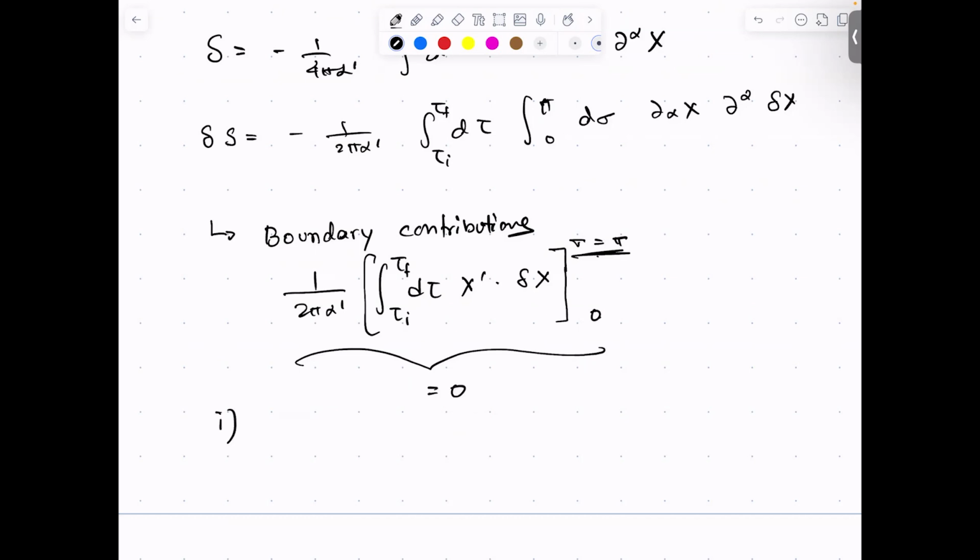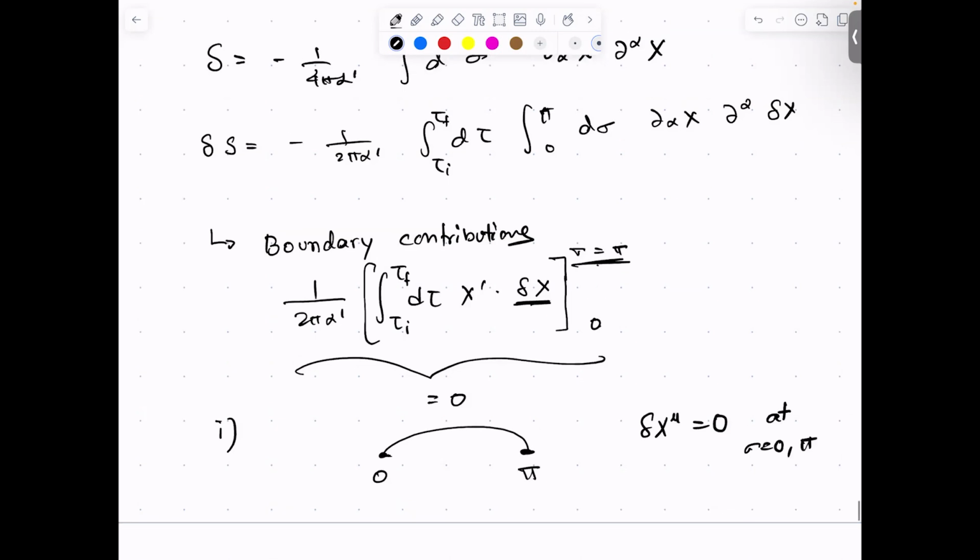There are two ways out. One, the endpoints are fixed. That is, the variation of x at the endpoints, at sigma equal to 0 and pi, is fixed, so it does not move. So you can impose the boundary condition that delta x mu equals 0 at sigma equal to 0 and pi.